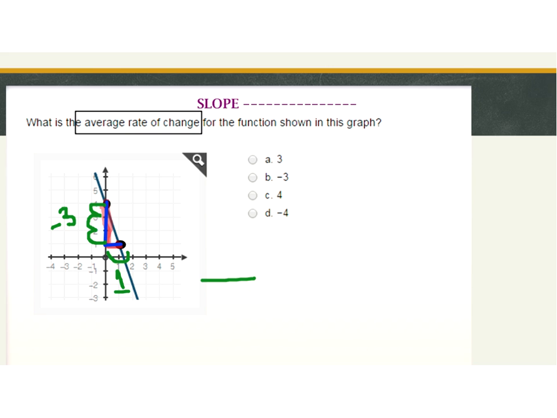So your rise is -3. Your run equals 1. So -3 over 1 is the same as saying -3. So your answer would be B. Understand, guys, this is a question that will show up every step of the way.